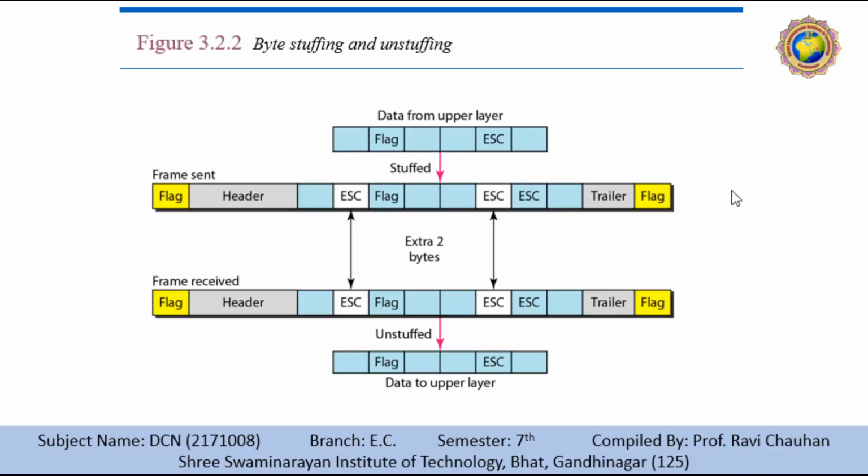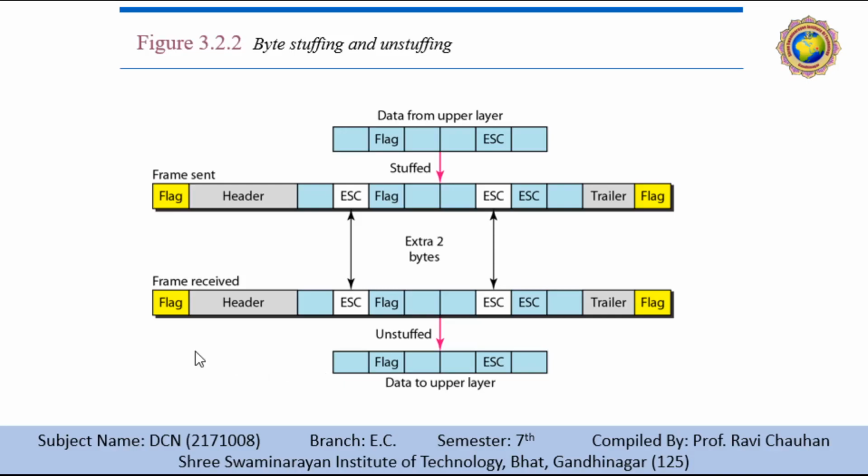This byte is usually called the escape character, ESC, which has a predefined bit pattern. Whenever the receiver encounters the escape character, it removes it from the data section and treats the next character as data, not the delimiting flag. So it just removes this escape byte and considers the following characters as our data.